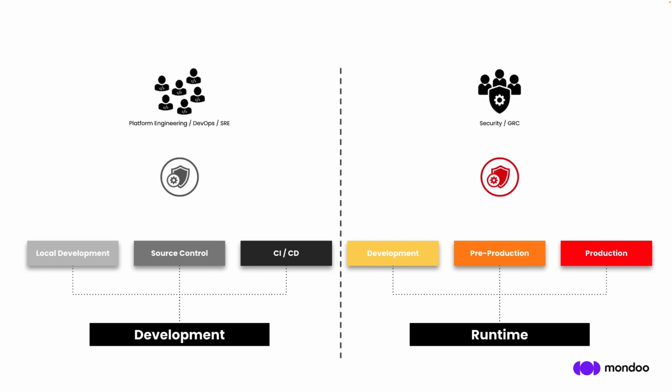And then on the other side, you've got the platform engineering, DevOps, and SRE teams who are responsible for automating the environments. But this challenge also presents a new opportunity for us to unify this process across these two teams, where we can have one product that can scan both the development cycles, infrastructure as code, source code, CI/CD, but also all of the runtime environments.